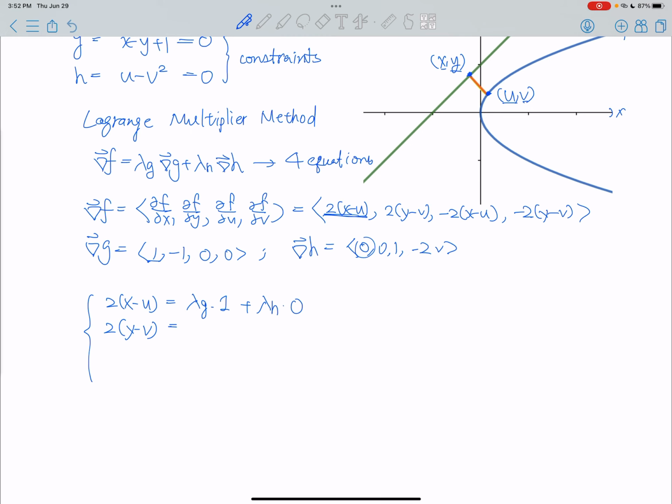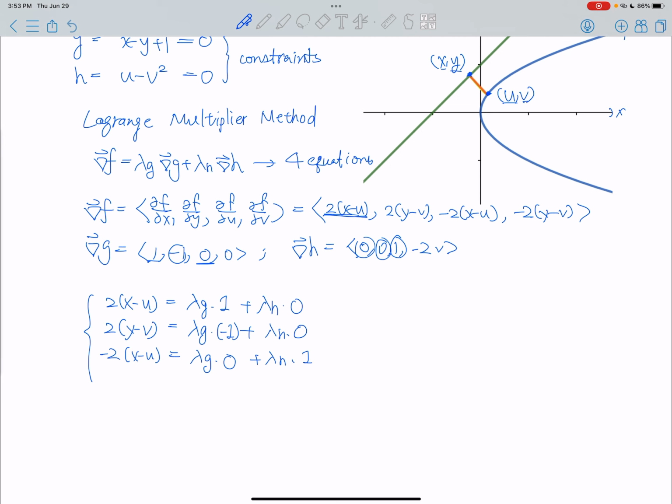So this is for the y component: lambda g times negative 1 plus lambda h times 0. And for the third component, the u component, we have negative 2 times x minus u equals lambda g times 0, since here it is 0, plus lambda h times 1.